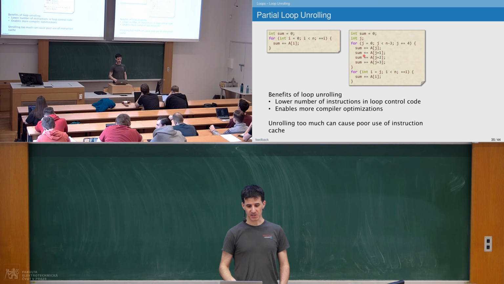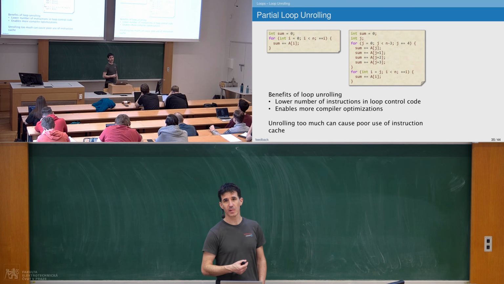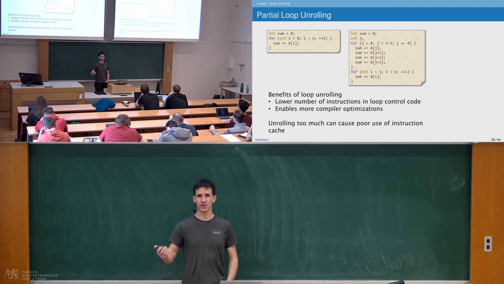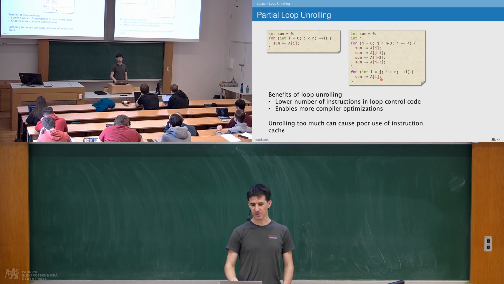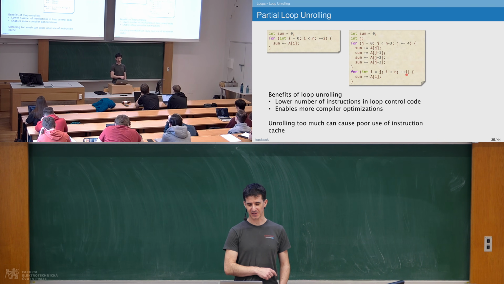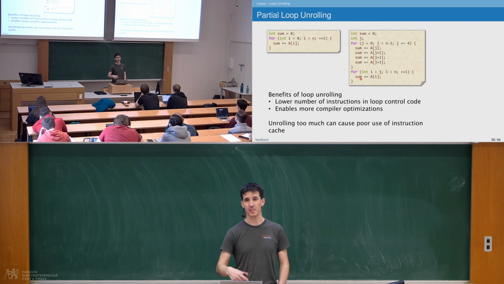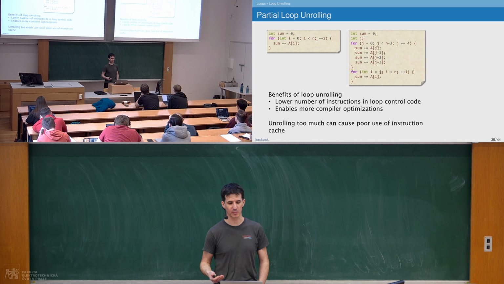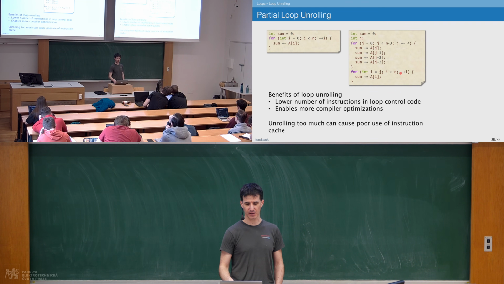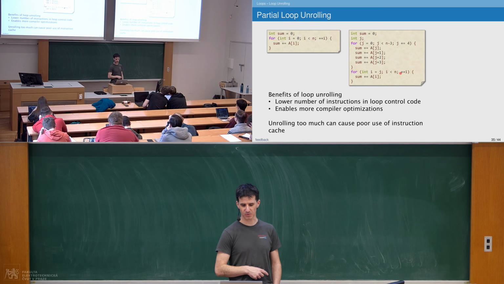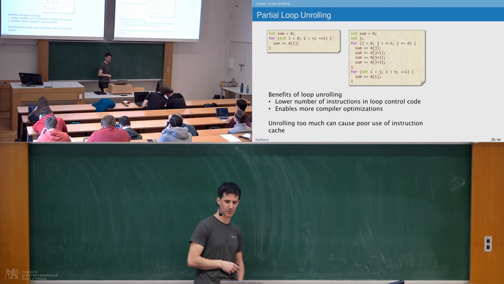So this is nice. The disadvantage is that if the length of the array is not a multiple of 4, you will produce wrong results. So at the end, you have to finish the sum for the remaining elements. You start from where you finished before, and you continue until the end.